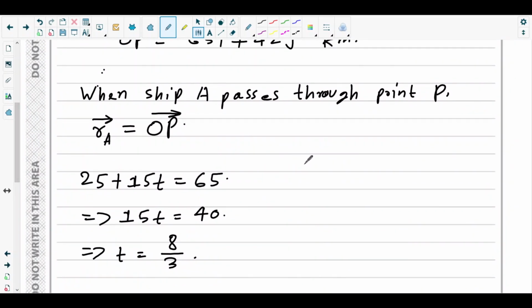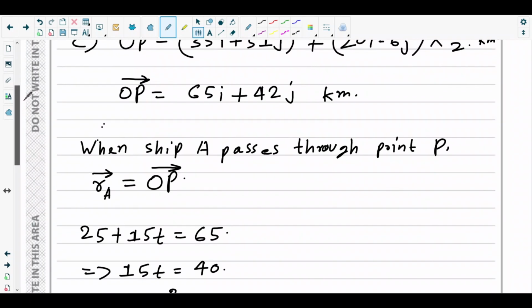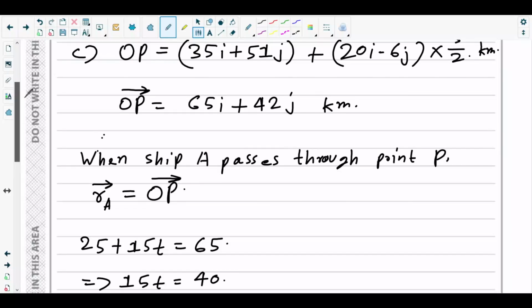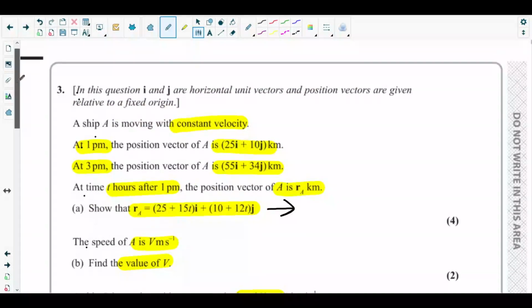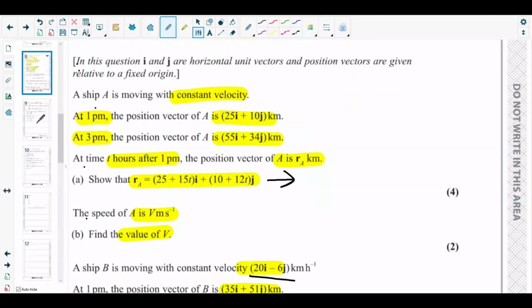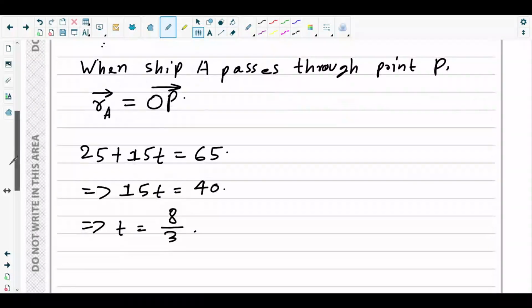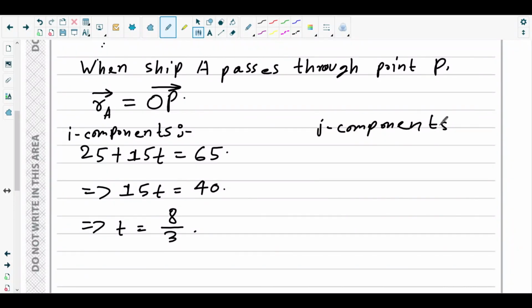Now we will equate the j component of point P to the j component of ship A, which is 10 plus 12t. This was the i components, and now we will consider the j components.